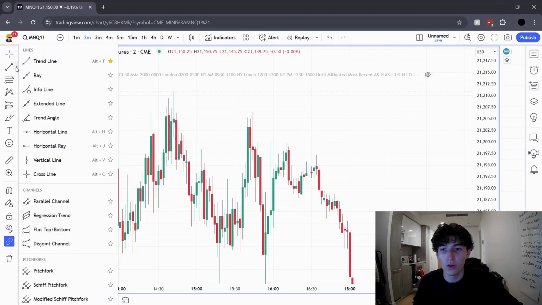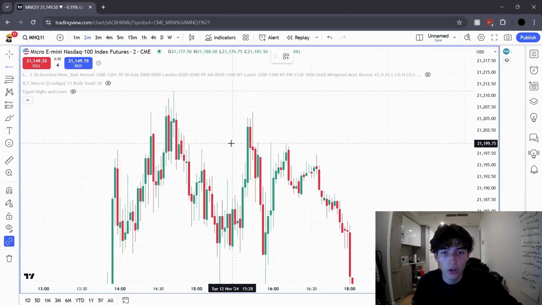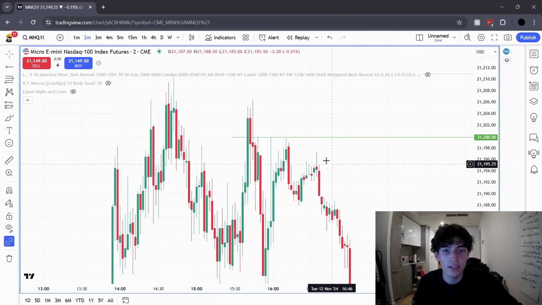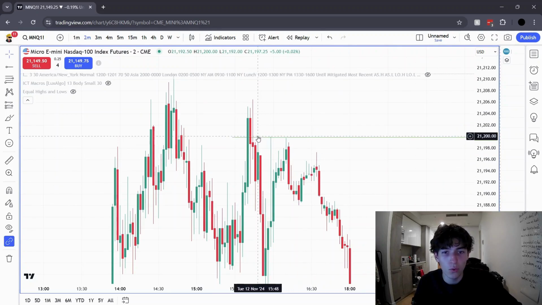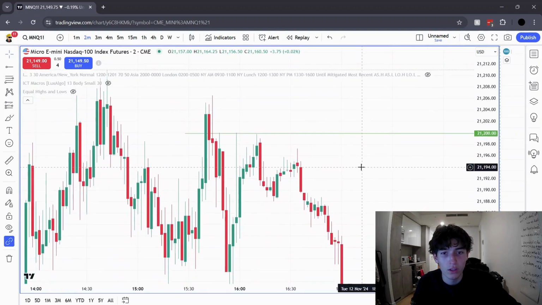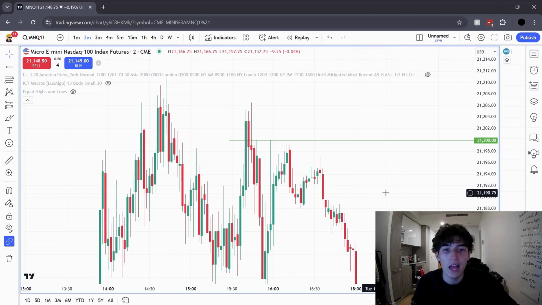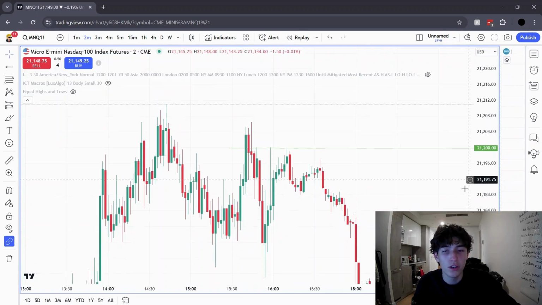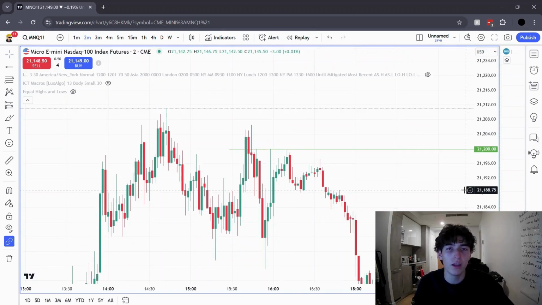Now, the majority of the time, the market is going to want to come up and sweep these because it's a major point of orders above this. So here, for example, I would never short because of these equal highs above. You should never short when there's equal highs above and never long when there's equal lows below.